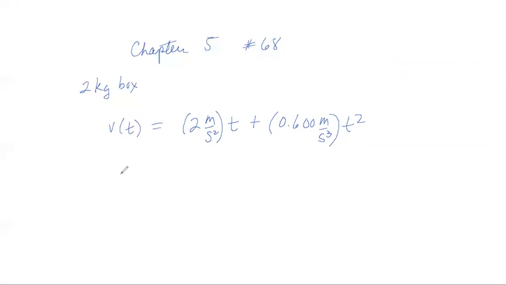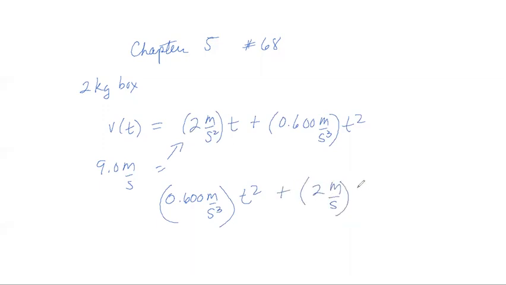So I'll put 9.0 meters per second here, equal to all that. To do that, I'm going to rearrange it: 0.600 meters per second cubed times t squared plus 2 meters per second squared times t minus 9.0 meters per second equals 0. That's a quadratic equation with t as the variable.